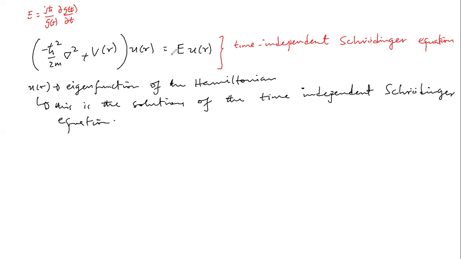We already know, just like I mentioned, that the set of allowed values of E are the eigenvalues, and they are evaluated by the boundary conditions of the eigenfunction.